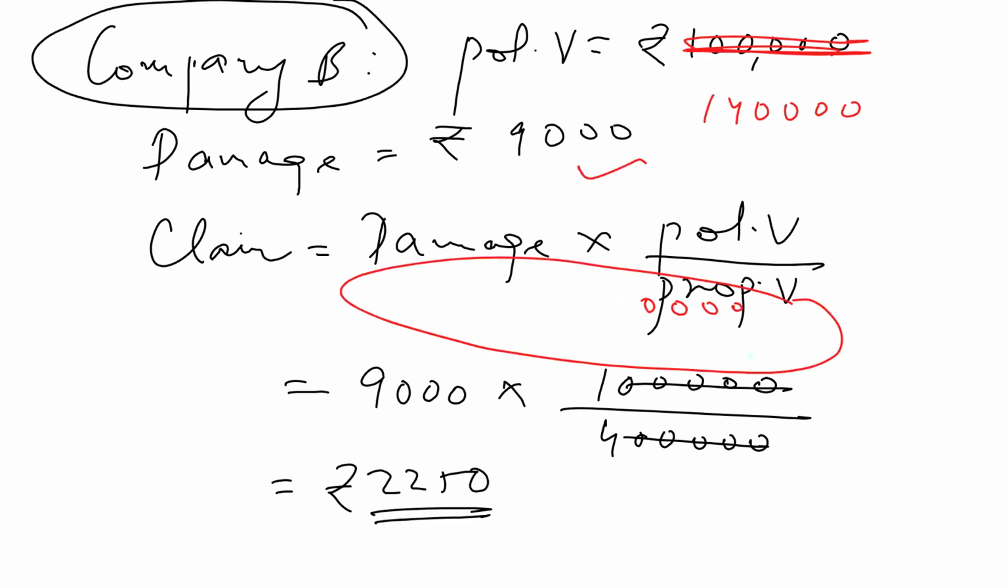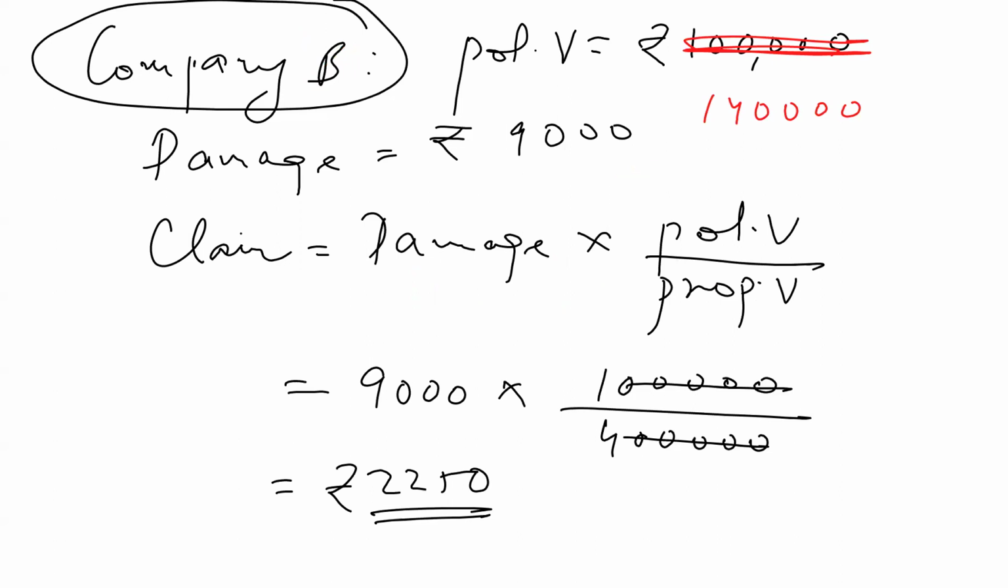So for A and B, I have shown you. C, you can do it all by yourself. While calculating C, the property value and damage remain same. The only thing that changes is policy value and the final answer of claim.